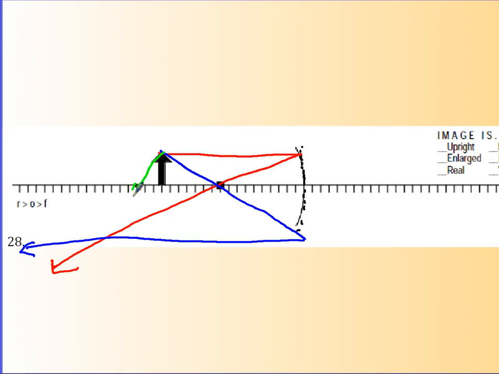All right, so we're going to extend this line on down. And if you draw your lines straight, which mine are not, you see it would be right here. All right, so you have an inverted, real, does that look enlarged to you? It looks enlarged to me, image.